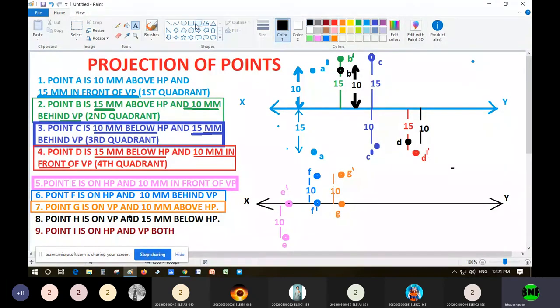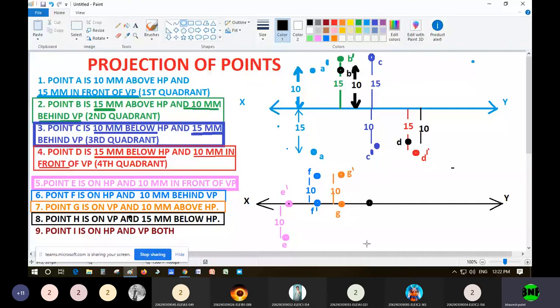Now, my dear students, we will solve sum number 8. Point H is on VP and 15 mm below HP. Here also a similar condition exists, that it is on VP. So the top view will fall exactly here. So this will be H, and 15 mm below HP, I will be able to see below the XY line. So it will be something here.